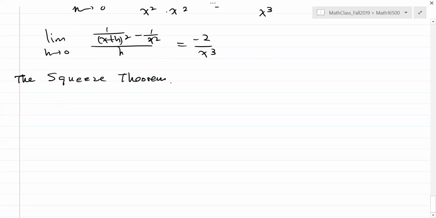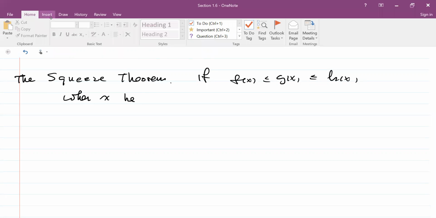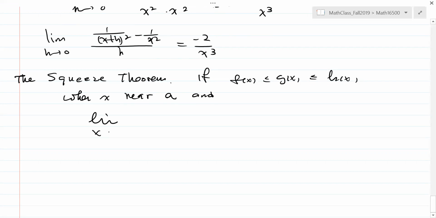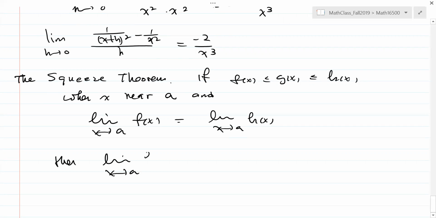The squeeze theorem says that if f of x is less than g of x, which is less than h of x, when x is near a, except possibly at a, okay, this holds, and the limit as x approaches a of f of x is equal to the limit as x approaches a of h of x, if those two limits are equal, then the limit of g of x is the same.